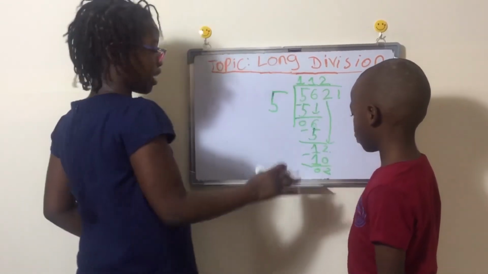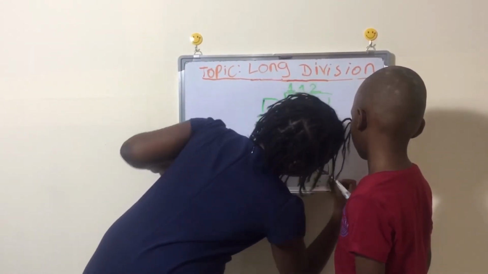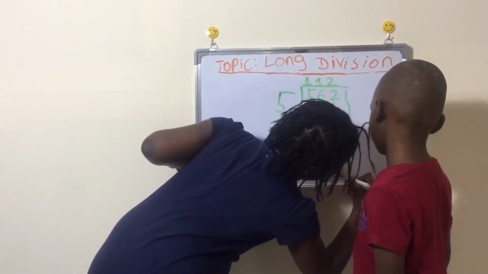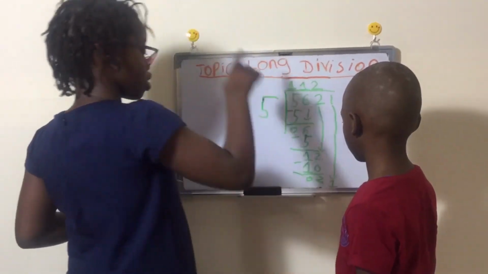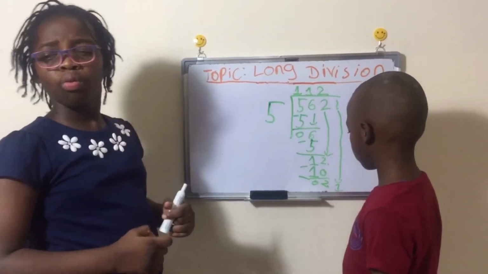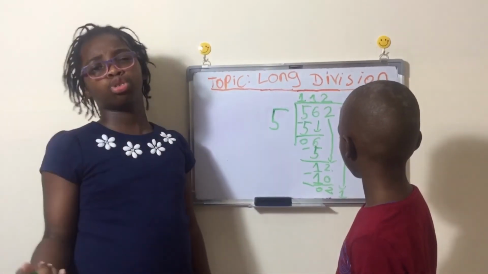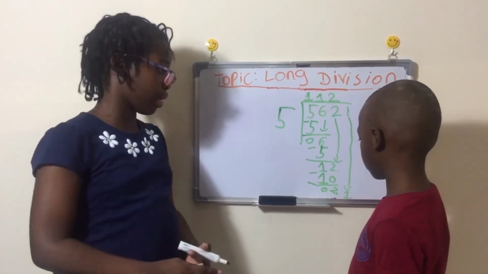Now, let's take our last one. Take it down here. 1. So that becomes 21. So, what do we have that's close to 21? That's 20. 20 is close to 21.